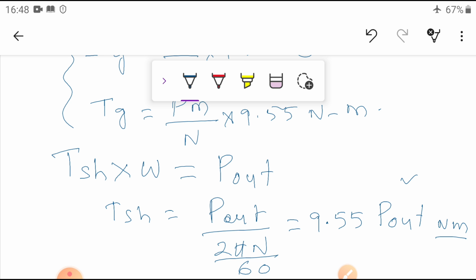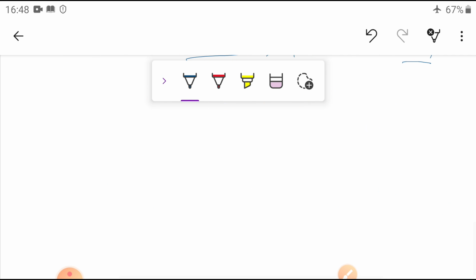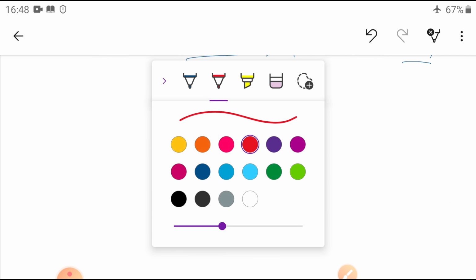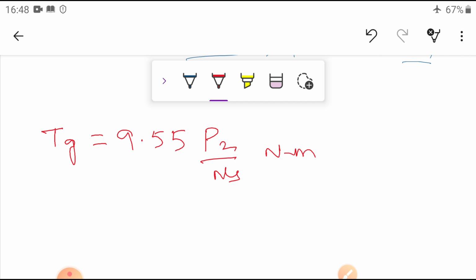Okay, so here what are the formulas we are going to get? Gross torque is equal to 9.55 P2 by NS, Newton meters. This is one equation.